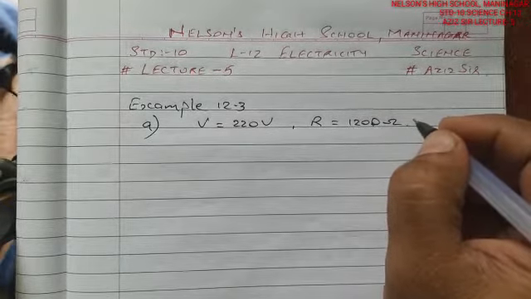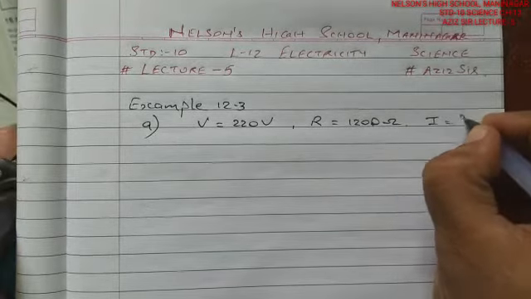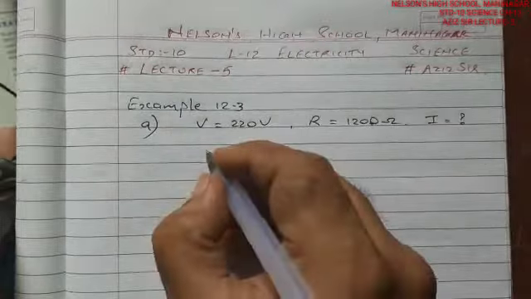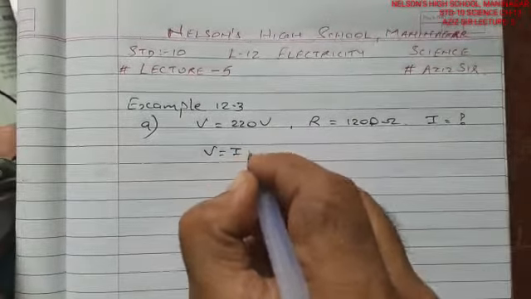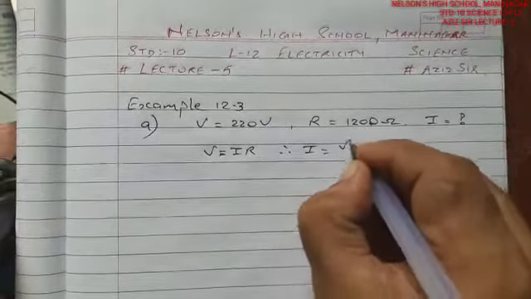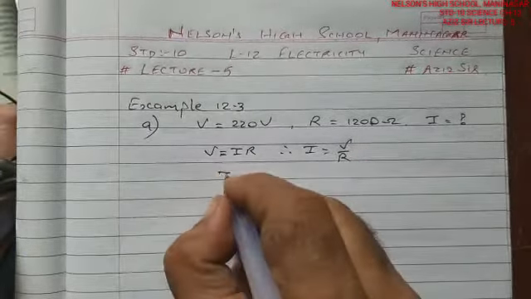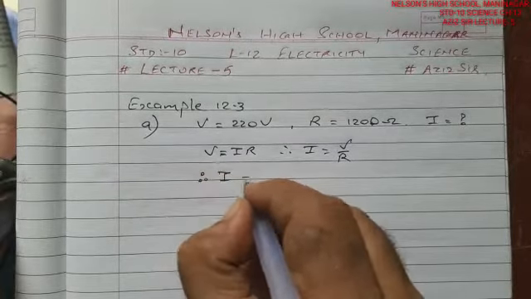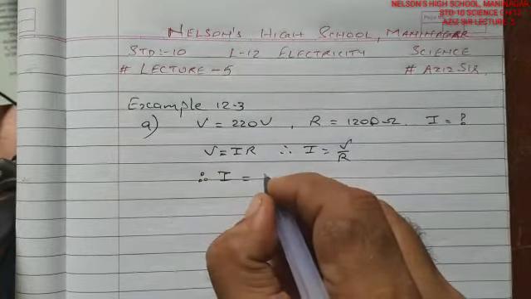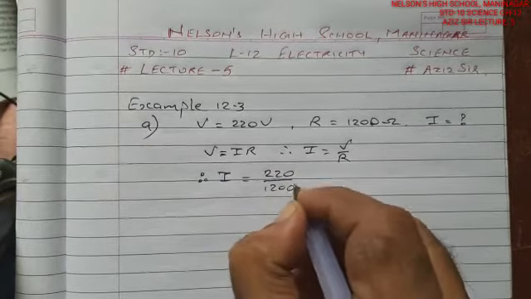So what you are supposed to find is how much current, that means the current is supposed to be found out. We know the formula, V is equal to I into R. Therefore I is equal to V by R. Keeping the values of voltage and resistance, the voltage is 220 volt and this is 1200.